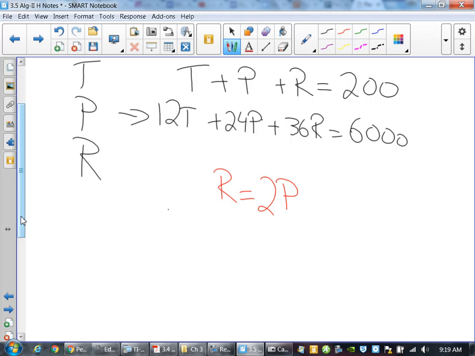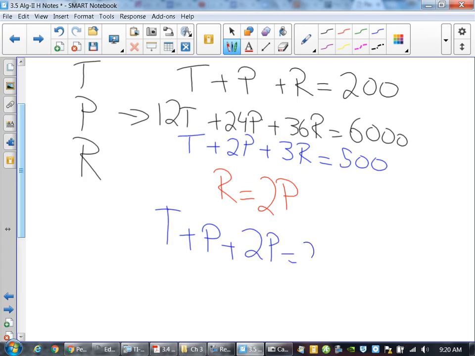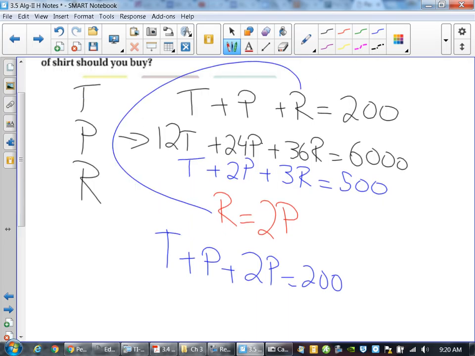I'm going to rewrite this second equation, take out the GCF again. T, 2P, 3R, and we said was 500. Because R by itself is already double what P is, so to make an equation, you need to double P. So now we go back into it again. T plus P plus 2P is 200. That's the original equation.